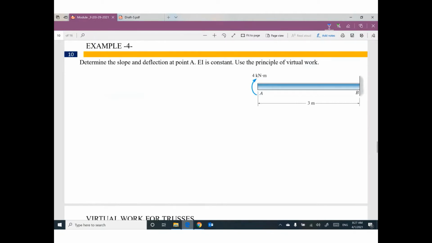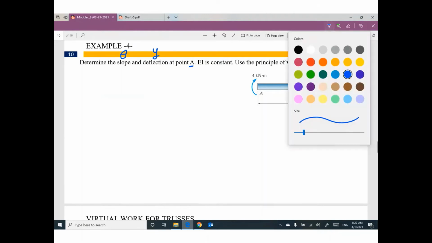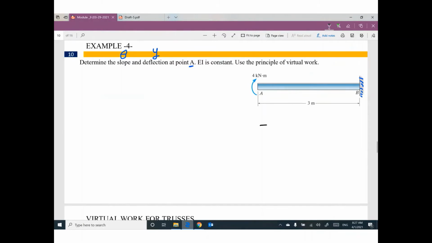We need to determine the slope theta and the deflection y at point A. We have another cantilever fixed at B, and the applied moment is 4 kilonewton-meter. Do you remember what was the first step? First step, we need to draw the bending moment diagram, which is called M naught, due to the given load.